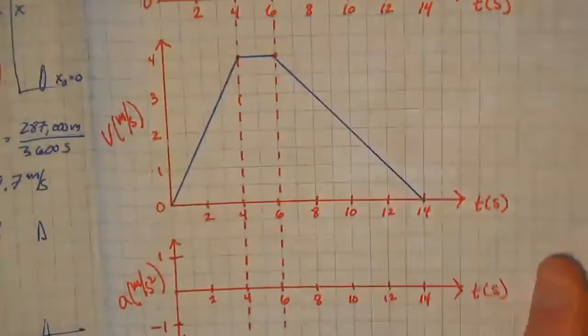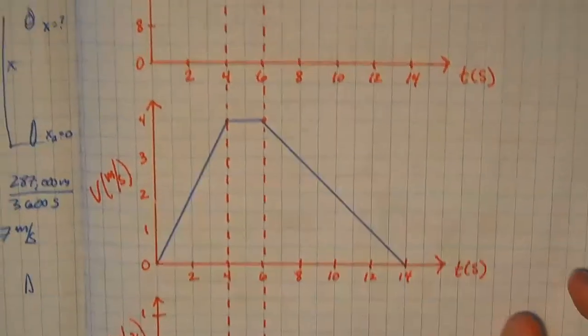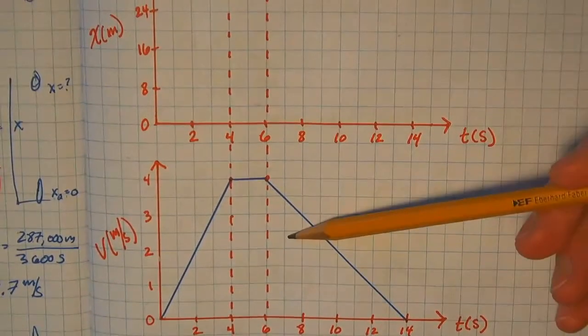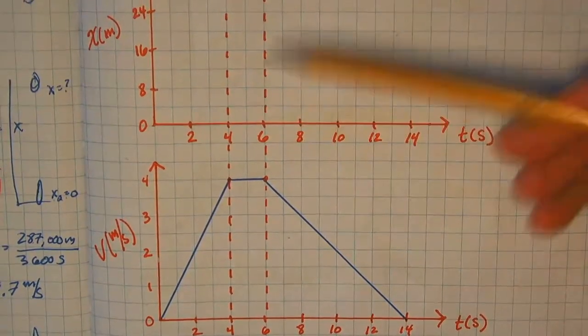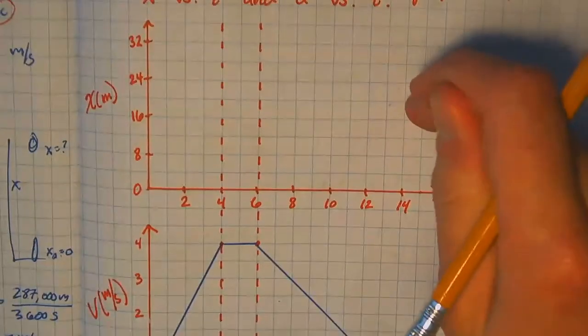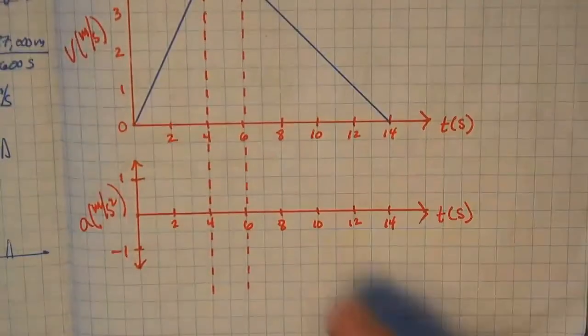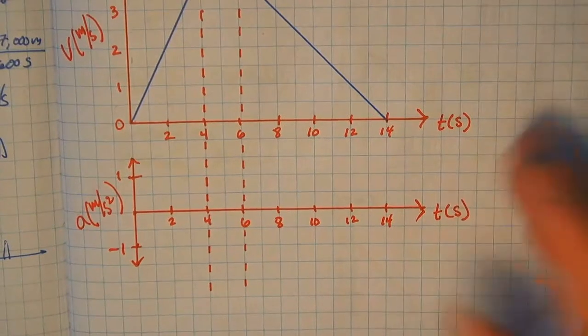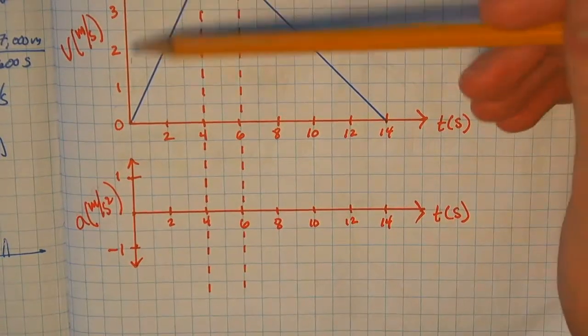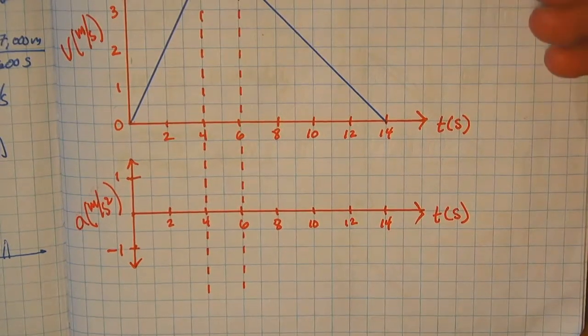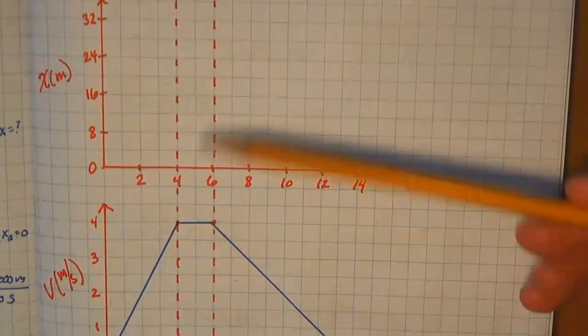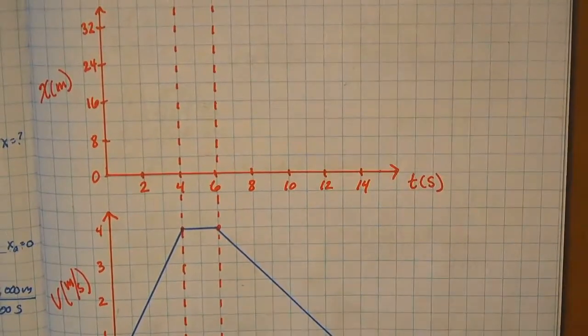So if we take a look at an example problem here, we're given the velocity versus time graph, and we are asked to find the position versus time graph and the acceleration versus time graph. So let's do the kind of hard one first, and let's try to find the position versus time graph. So we're going to go from the velocity to the position versus time graph.